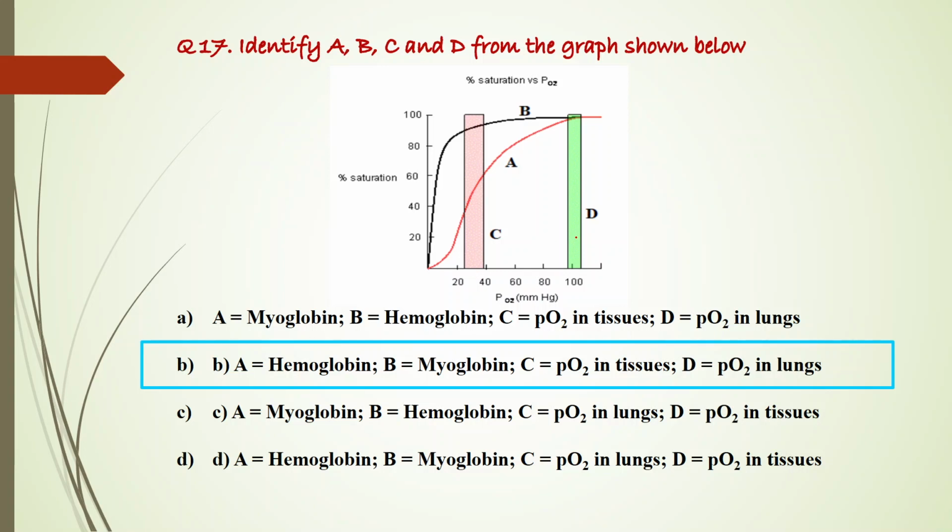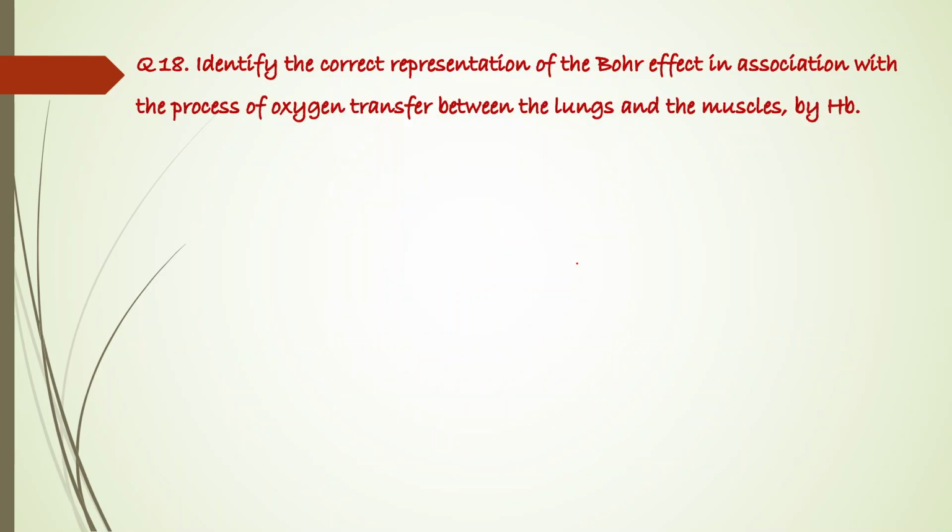And for the green one, we can see the partial pressure is 100, full saturation. And where do we have full saturation of oxygen? Obviously in our lungs. So D should be our lungs. Yes, both of you are correct. Option number B was the correct option. Coming to the next question.